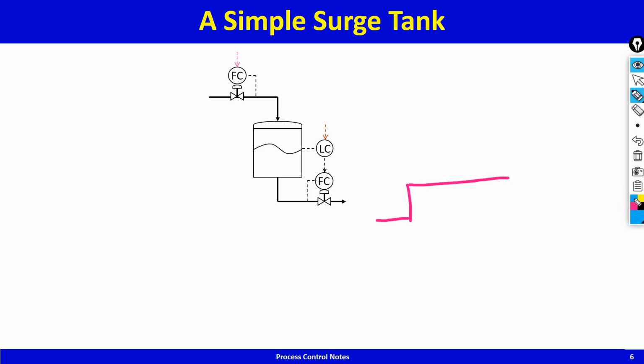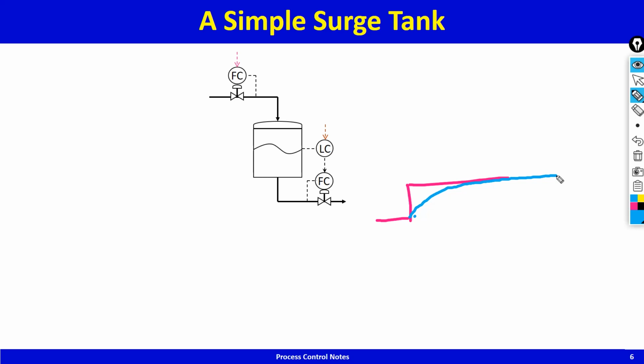The level will start to rise, and if the level controller does its job properly, flow out will also become equal to flow in, and the level will, okay. So if the flow in set point is changed, the flow through the entire process changes. That means changing flow in set point causes a change in both the steady state flow, and it also has a transient effect.